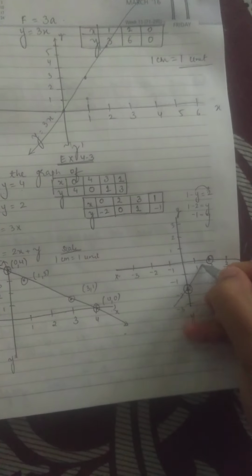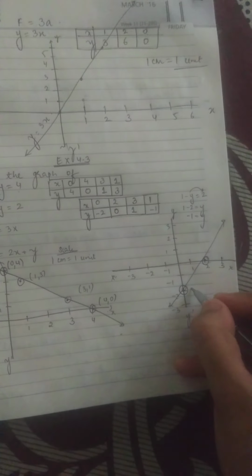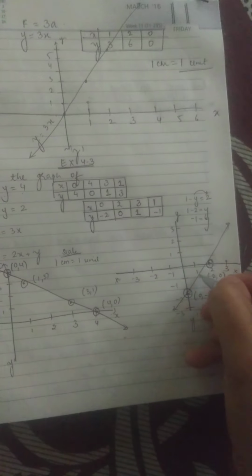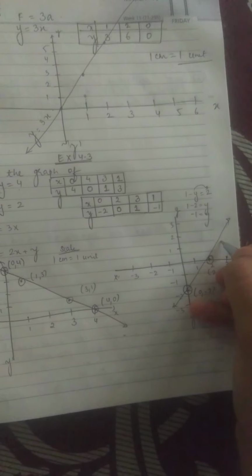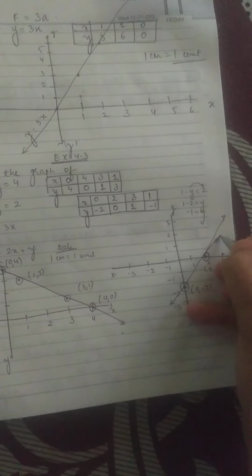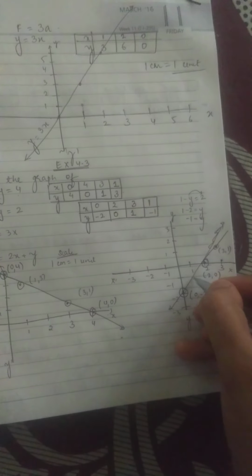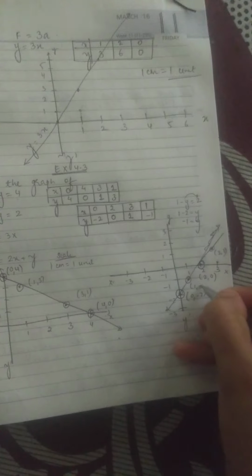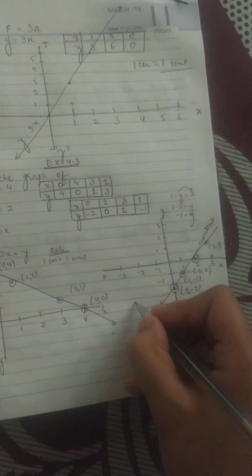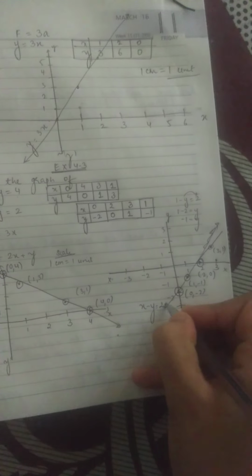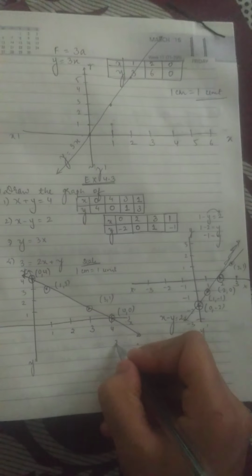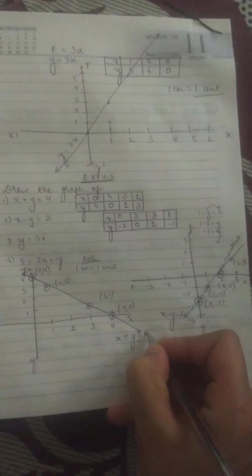So your graph will look like this. 0, minus 2, 2, 0, 3, 1. 3, 1 will lie over here. So my graph is not accurate. 1, minus 1 will be here. Label it x minus y is equal to 2. Here also, x plus y is equal to 4.